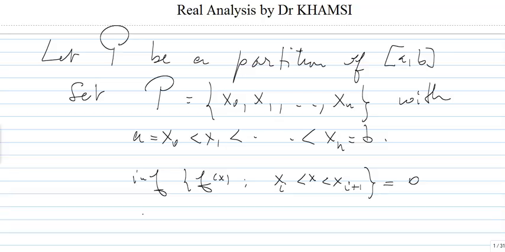But if you take the supremum of f(x) for x between xi and xi+1, we said for x irrational, focus on the irrationals. For the rationals, f gives you 0.